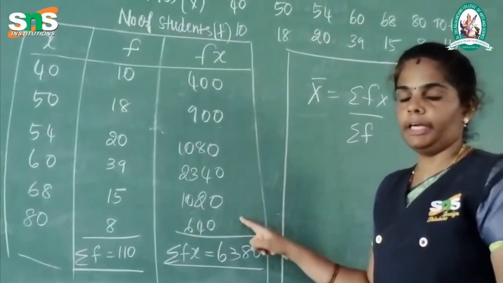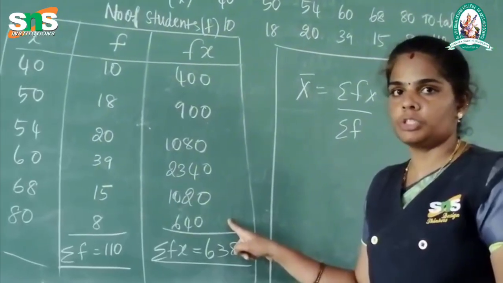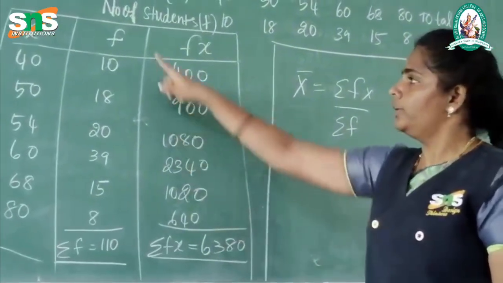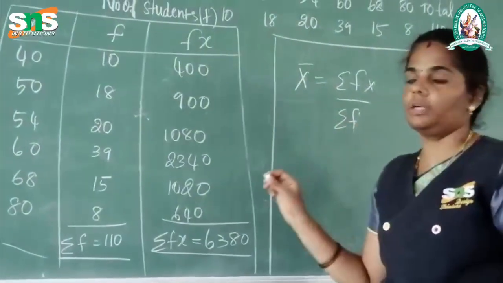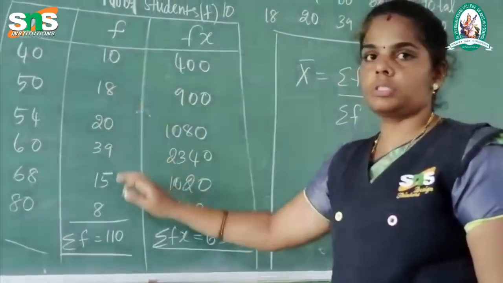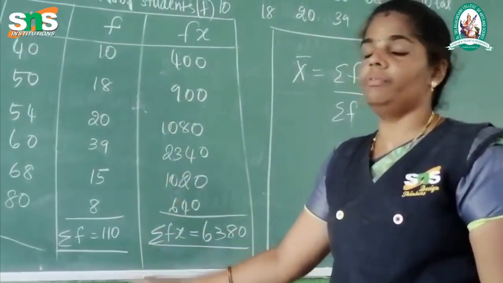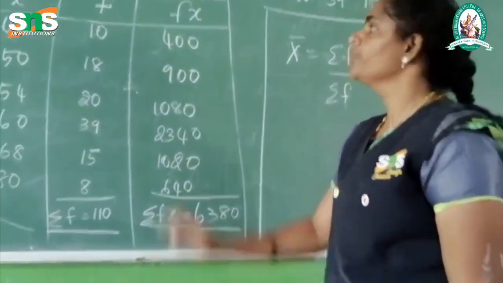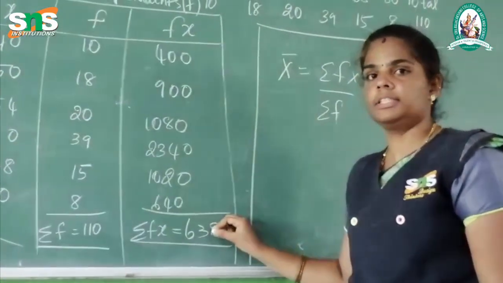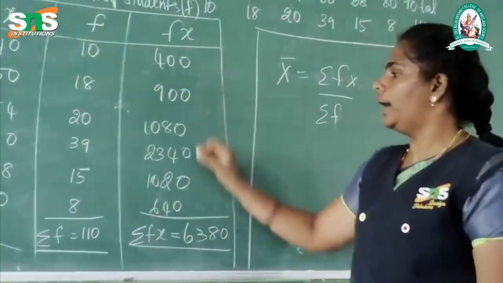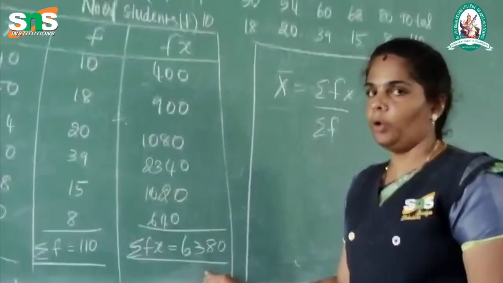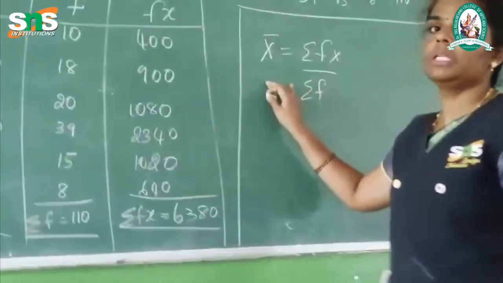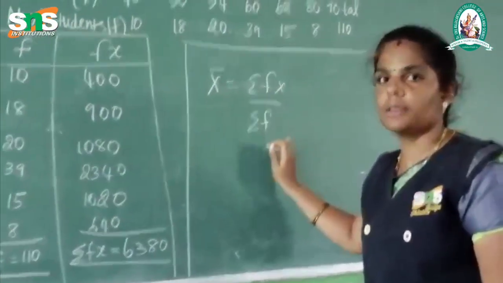This is the multiplication of frequency and the marks which are given in our data, and the sum of the frequency is denoted as summation f. By adding the frequency values, we get 110. Similarly, we are going to add these fx values also. While adding, we get the summation value as 6380. Now my formula is mean is equal to summation fx by summation f.